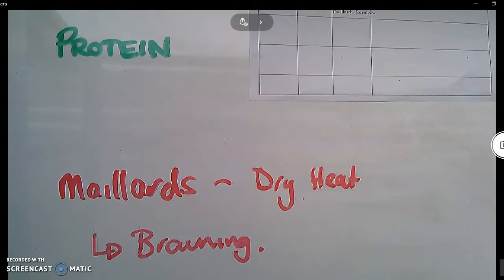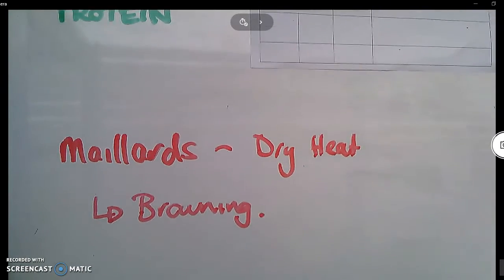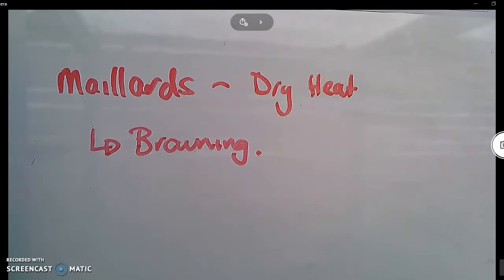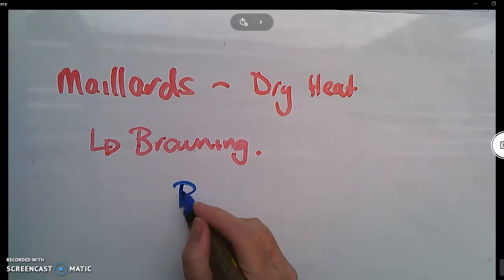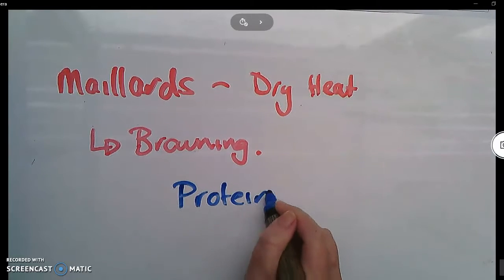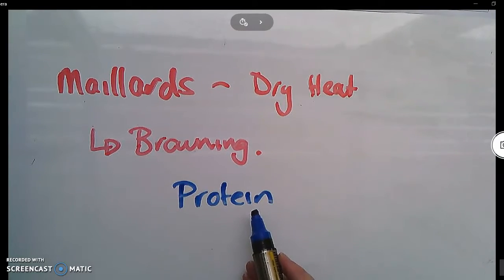Now, for the Maillard reaction to happen, we need a couple of things to be present. We all know that the most important one is the protein. Okay, so there must be protein present.